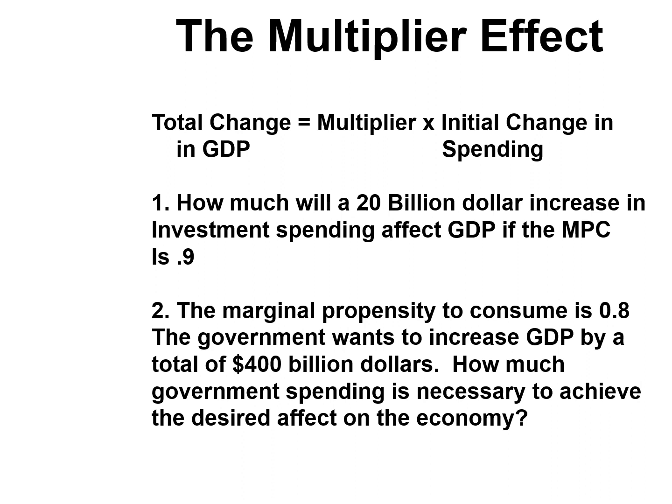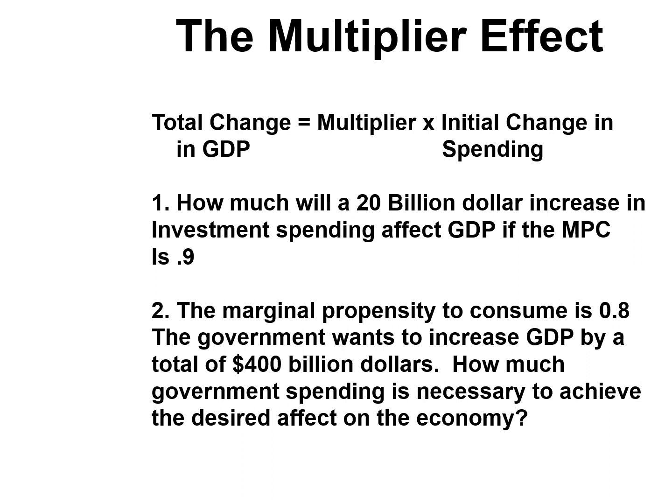Little warm-up. Remember, total change in GDP is ultimately calculated by taking the initial change in spending times the multiplier. Question 1 says, how much will a $20 billion increase in investment spending affect GDP if the marginal propensity to consume is 0.9? Step-by-step process.